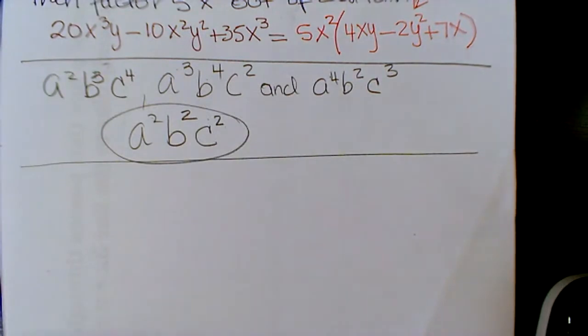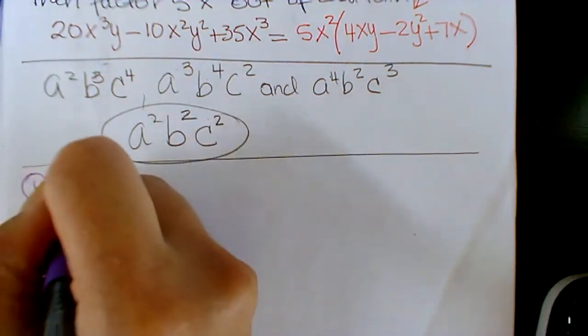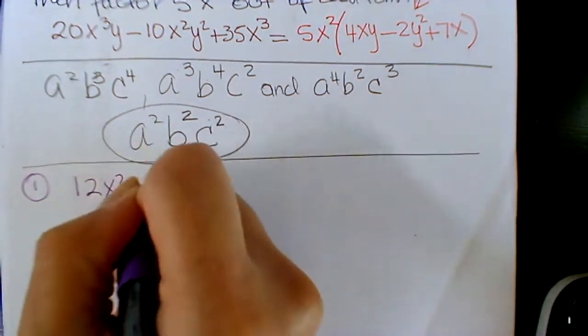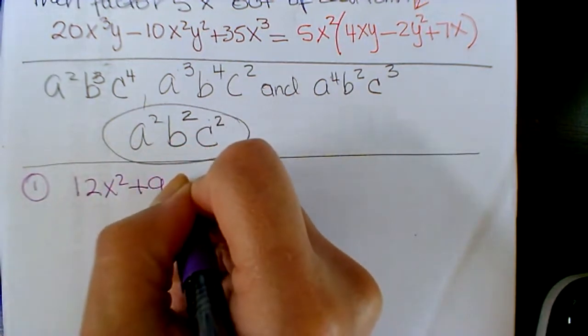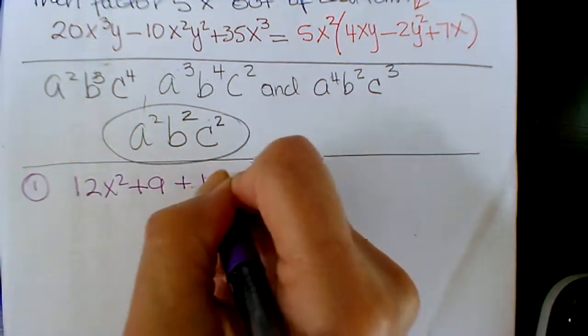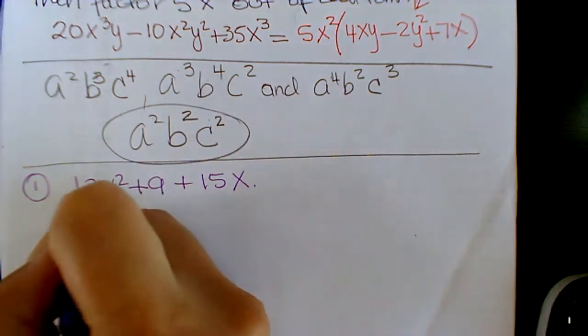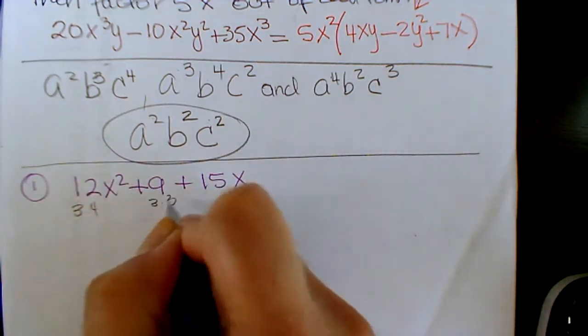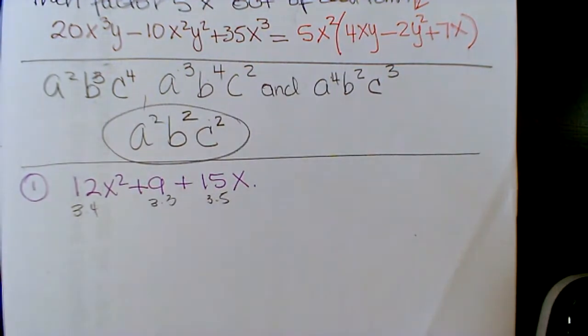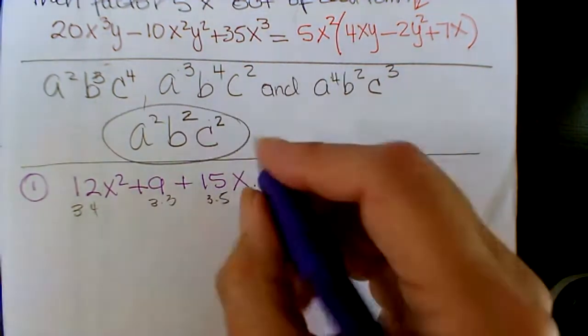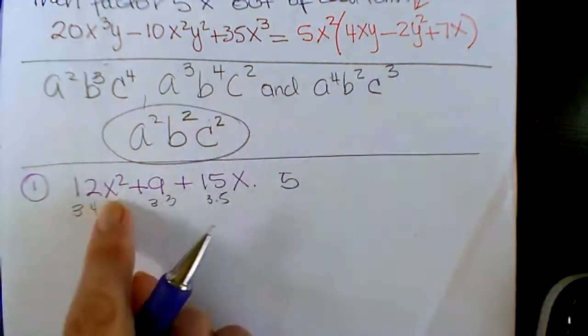Let me give you more examples. 12x squared plus 9 plus 15x. So let's factor those. Right away I know this is 3 times 4, 3 times 3, and 3 times 5. Do I factor the x?